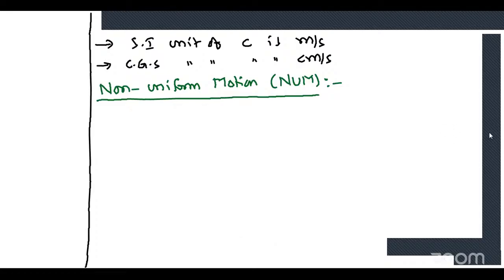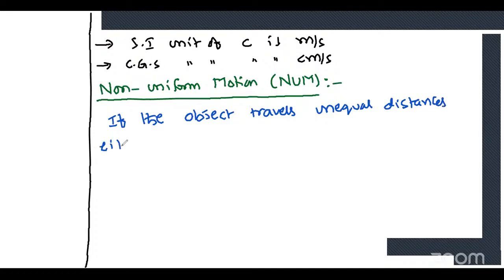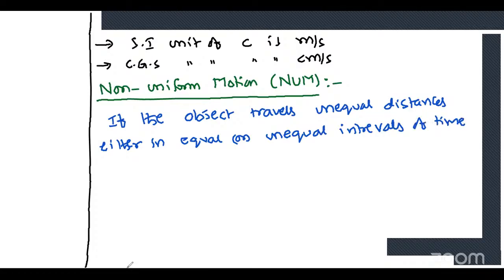Non-uniform motion means that if the object travels unequal distances, either in equal or unequal intervals of time, then we can say that it is non-uniform motion.